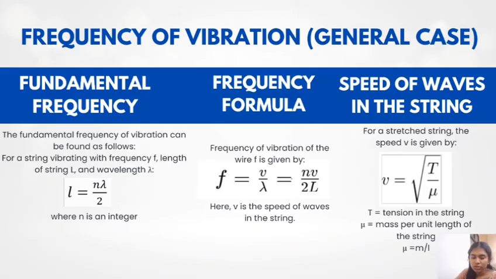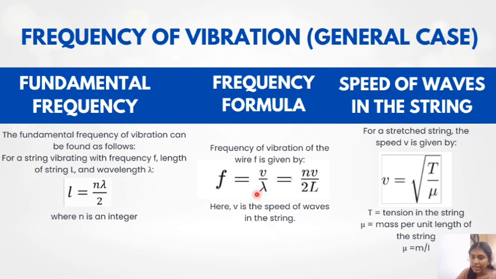Now we are going to arrive at the general equation for finding the frequency of vibration. For a string vibrating with frequency f, the length of the string L is given by n lambda divided by 2, where lambda is the wavelength and n is an integer. The frequency formula is v equals f lambda, so f is given by v by lambda. From the length equation, lambda is given by 2L divided by n.